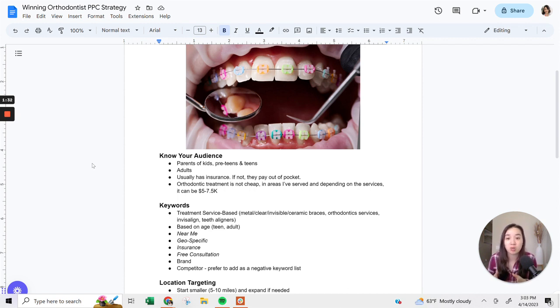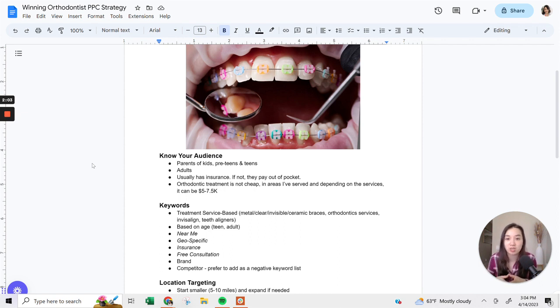Most of the patients do understand that orthodontic treatment is not cheap. That's why they are opting to use their insurance to help cover the majority of the cost or all of it. And on average, for the different markets that I've served, I've seen the average orthodontic treatment be anywhere from $5,000 to $7,500, depending on the overall treatment.